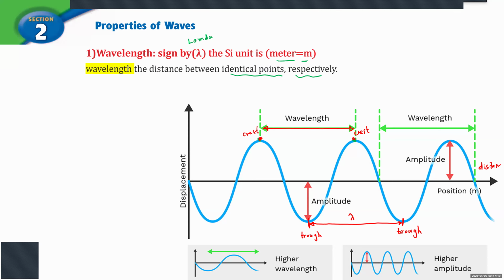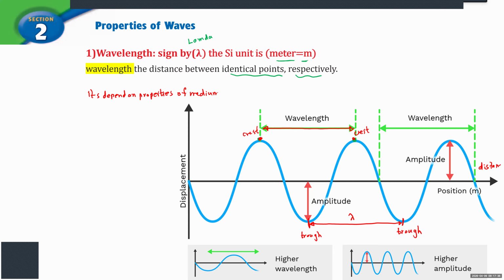This is about wavelength. Its definition is the distance between identical points respectively. It depends on the property of the medium.